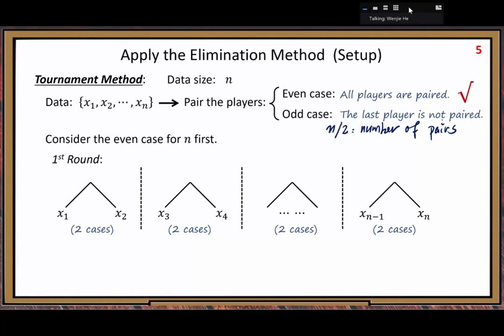You count the number of comparison results. In this situation, you know the number of pairs. Do you still remember how to do the counting, the basic counting in your discrete math? There is a certain counting method to use.